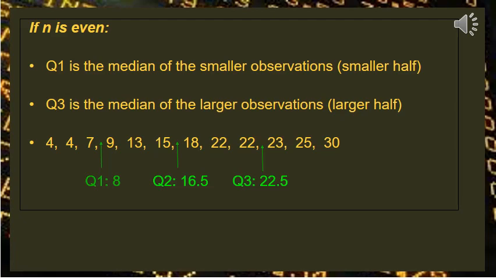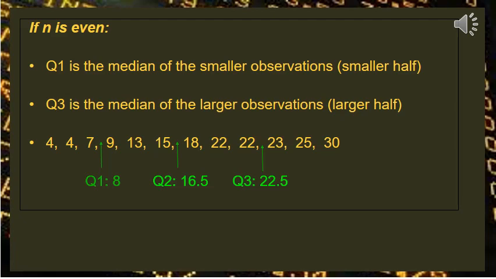So here I have my same dataset with a 12th number, 30. So the number of observations is 12 here. It's an even number. Remember, when I have an even number of observations, my Q2, my median, is not an actual number. The midpoint here is between the two central observations.